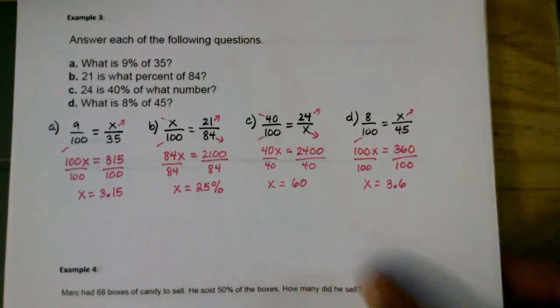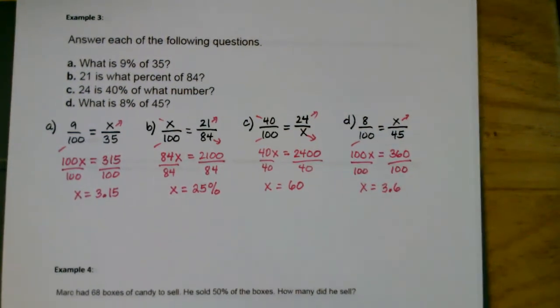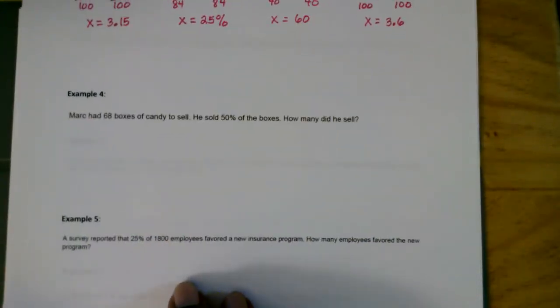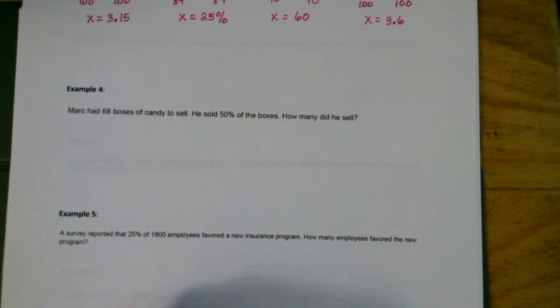Okay. Take a look at example 4. It says here, Mark has 68 boxes of candy to sell. He sold 50% of the boxes. How many did he sell? Okay.